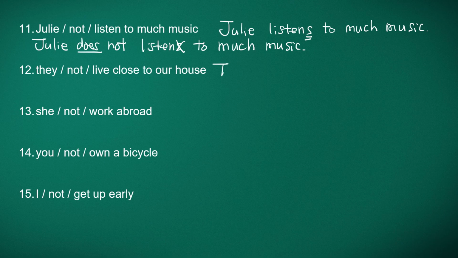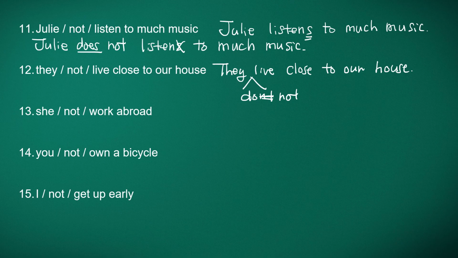And number 12, they live close to our house. They, I don't know who they are. They live close to our house. And then negative will be, okay, let's save time. They do not, sorry, they do not live close to our house.